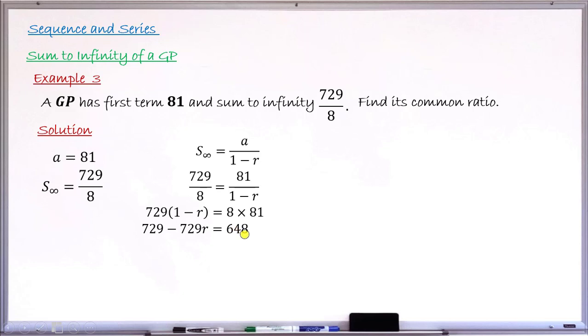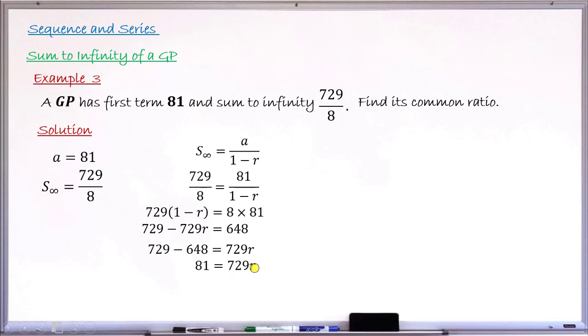So we now collect like terms: 729r shifted to the right and 648 shifted to the left. That gives you 729 minus 648 equals 729r. Subtracting 648 from 729 gives 81. So you have 81 equals 729r.